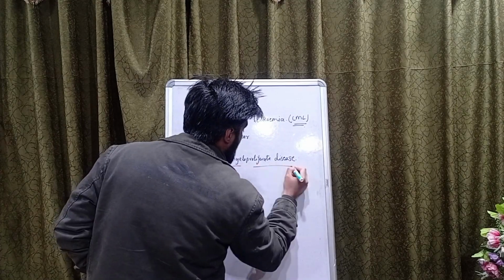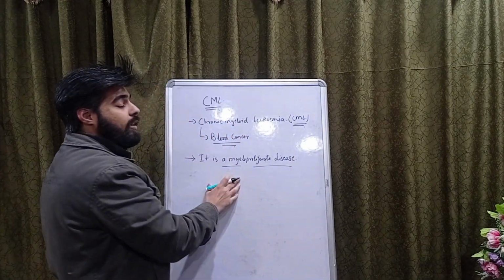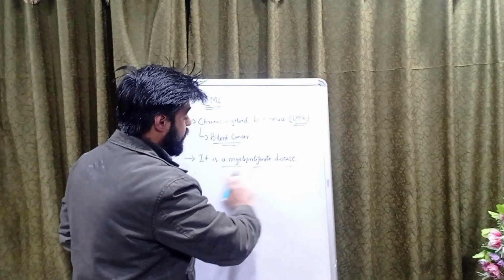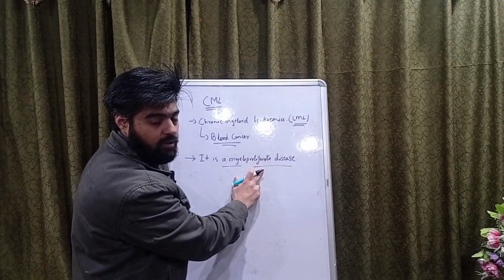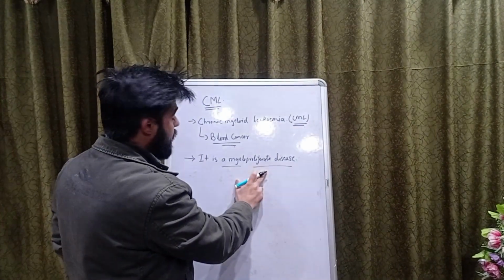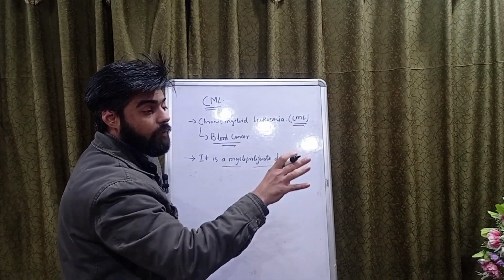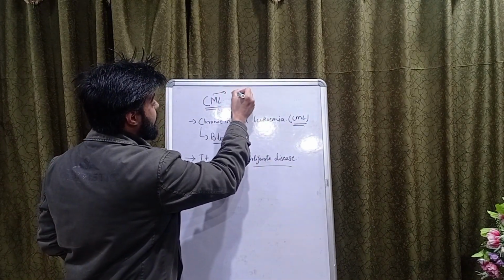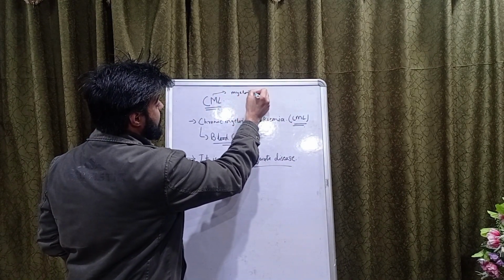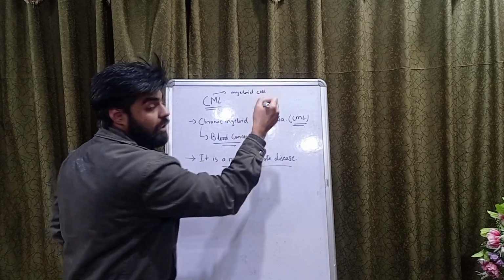So, myeloproliferative disease. That means it comes under the myeloproliferative division in the WHO classification, and if you go by classification according to the cell, it comes in the myeloid cell category.